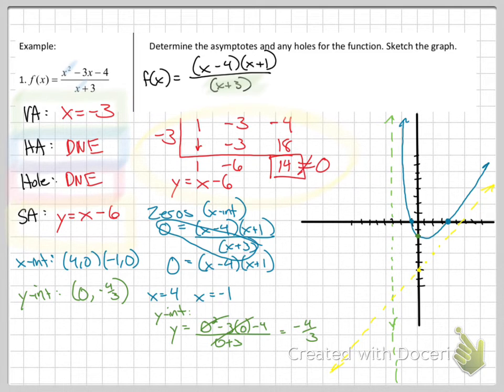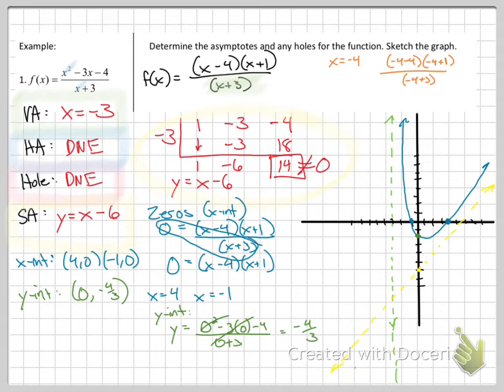Because remember, here are my options. We know the blue one. It could also be here, or it could also be here. So we have to check something on the left of the green. Well, the green's at -3, so let's check -4 into your equation. I don't know which one's easier. Let's do factored, I guess. -4 minus 4, -4 plus 1, -4 plus 3.